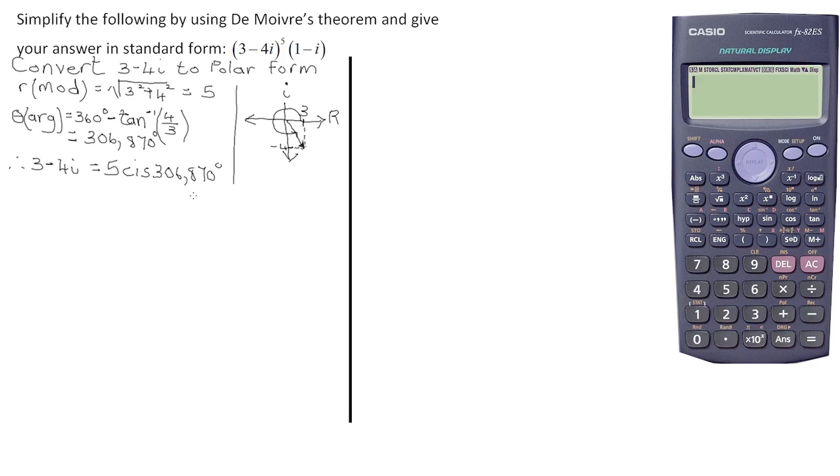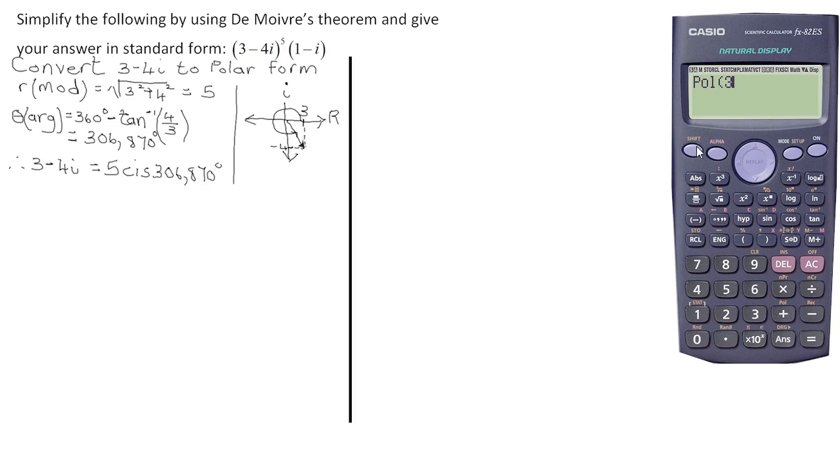It's nice always to check. Right, you switch on your calculator. How will you convert this 3 minus 4i to polar form using your Casio calculator? You want to convert to polar form. That's why you can see that function there. You're going to press shift polar. In other words, I'm going to polar form. Then you're going to punch in your real part, which is 3.